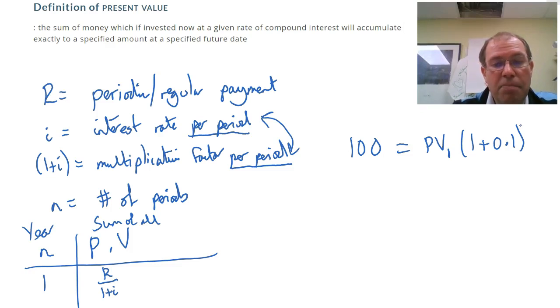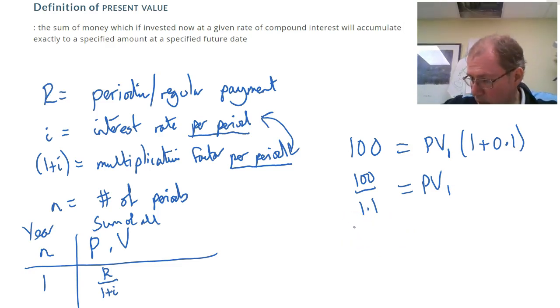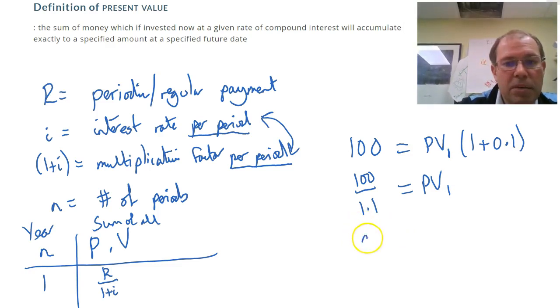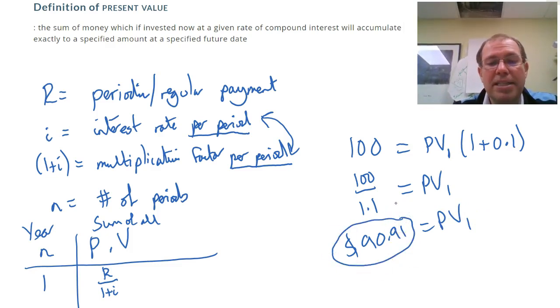So to find the present value after one compounding, PV1, it's clearly 100 divided by 1.1, which is $90.91. So that's just a reminder that if we invest $90.91 now, compound it at 10% once, we will have exactly $100 in the future. And so the cost of our annuity present value currently is $90.91.